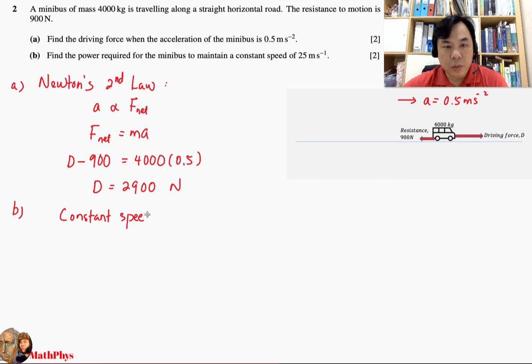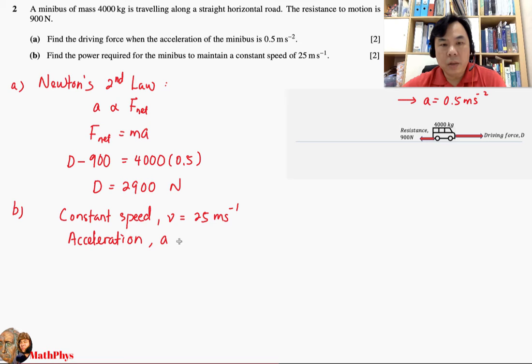So, since the bus is moving at a constant speed of 25 meter per second, therefore we know that its acceleration a in this case must be equal to 0 meter per second square instead of 0.5 meter per second square from the first question here.